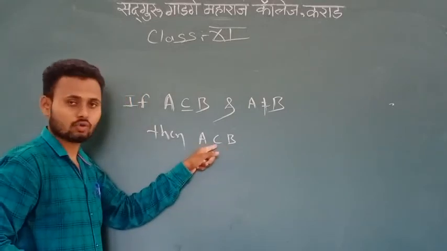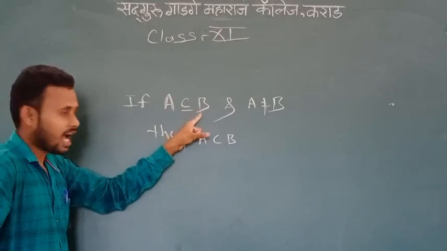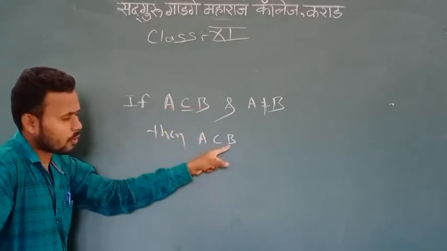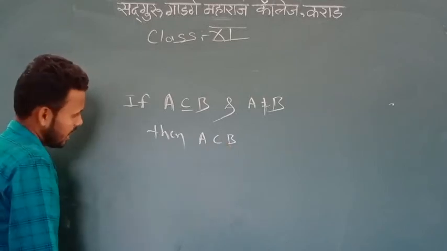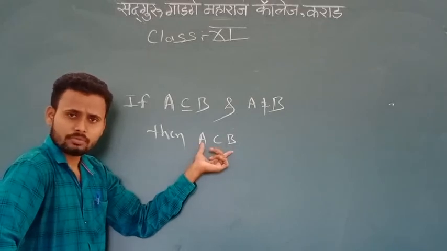Proper means the equal sign does not come here. What happens? If A is a subset of B and A is not equal to B, then we say that A is a proper subset of B. A is a proper subset of B means what?